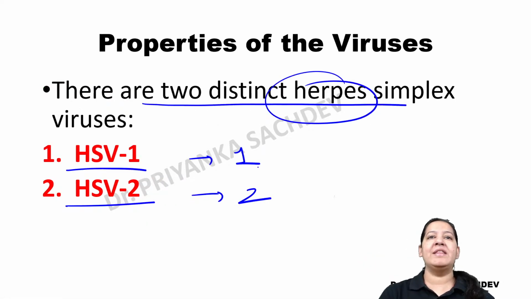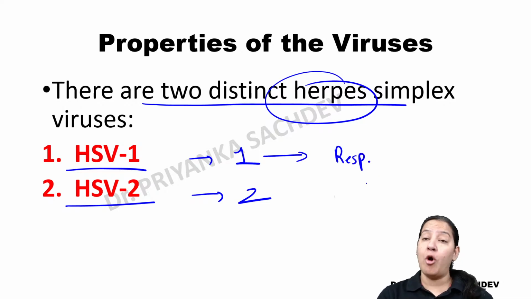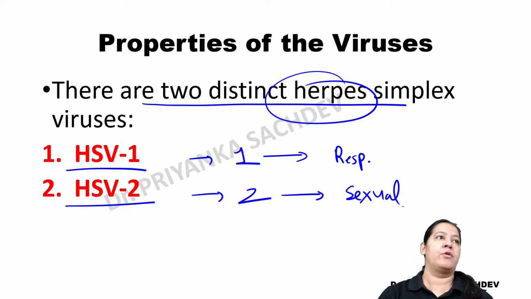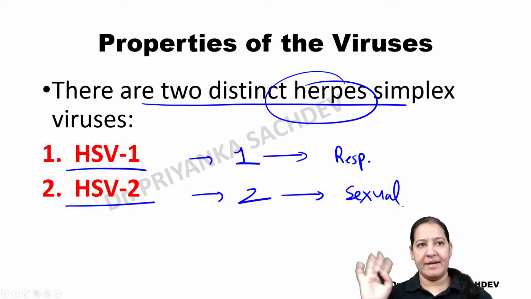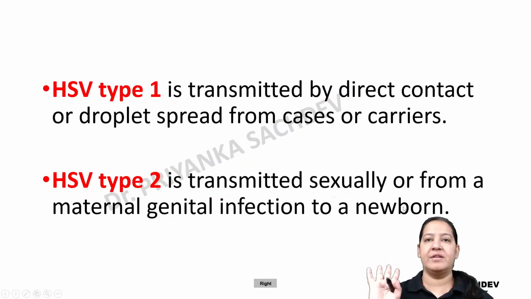The basic difference between them: HSV type 1 spreads from one person to another by respiratory route, by droplets. HSV2 spreads from one person to another by sexual route. So that is the first difference. The route is different.